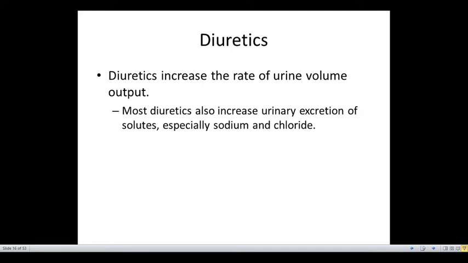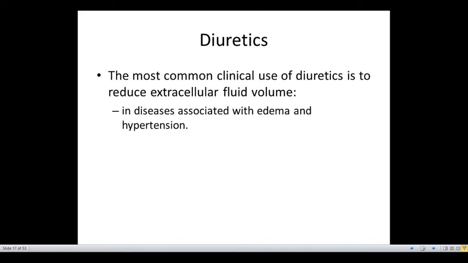In fact, most diuretics act by decreasing renal tubular reabsorption of sodium. The most common clinical use of diuretics is to reduce extracellular fluid volume in diseases associated with edema and hypertension.